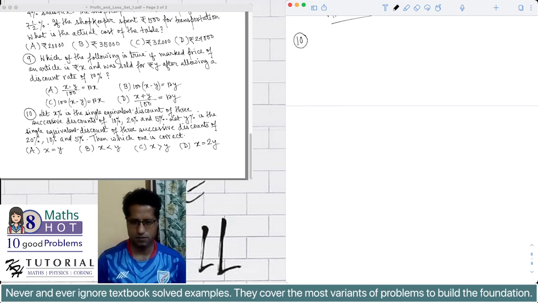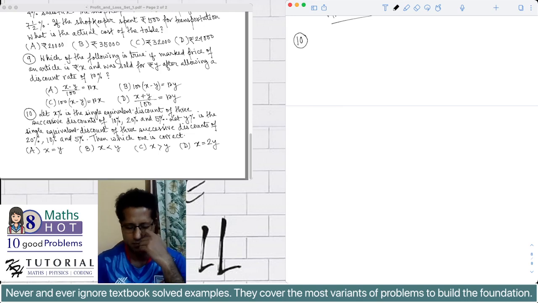The other is three successive discounts of 20%, followed by 10%, followed by 5%. If we find the SP for these two scenarios with the same mark price, we will have two SPs. Can we compare X and Y based on those two SPs?